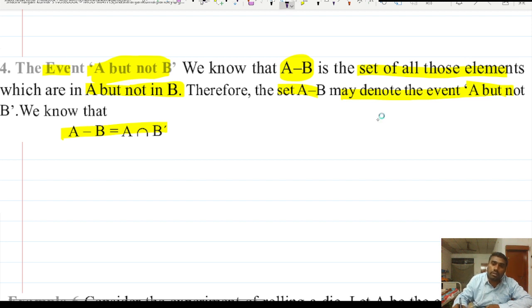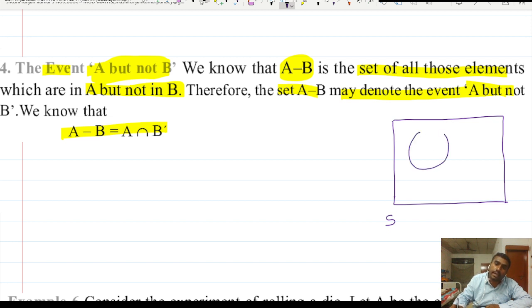Let me show you using the Venn diagram. Let us suppose this is your sample space, that is your universal set S. Let us suppose we have two sets, set A and set B. Set means here we are saying events, so don't confuse that. That is your A and that is your B. So what is given here?